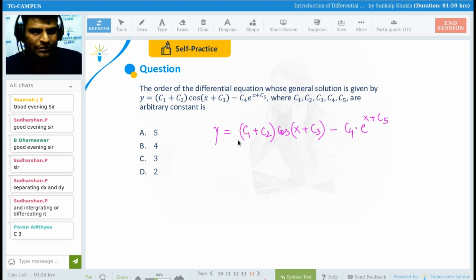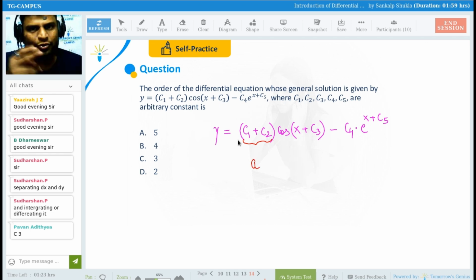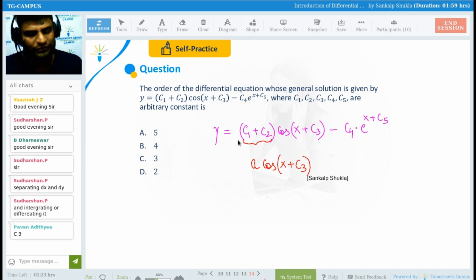See, it's a very good question because it is manipulative. C1 plus C2 can be written as any constant, let's say A. If there are two constants, they can be added, right? These are not variables, so you can add the constants. So we can write it as A. Now cos x plus C3, this we can't add.